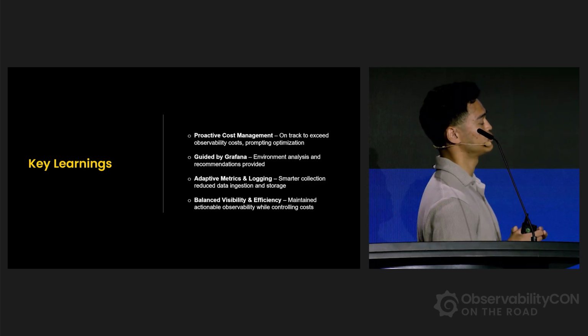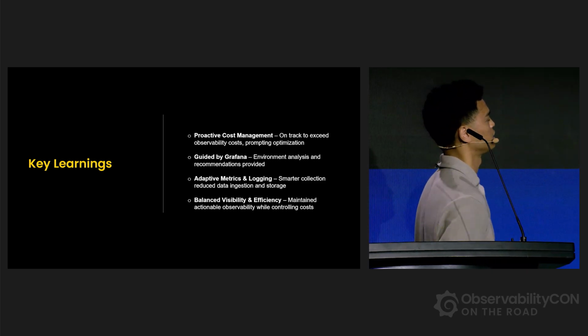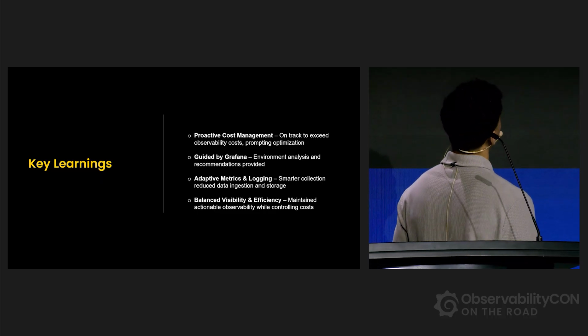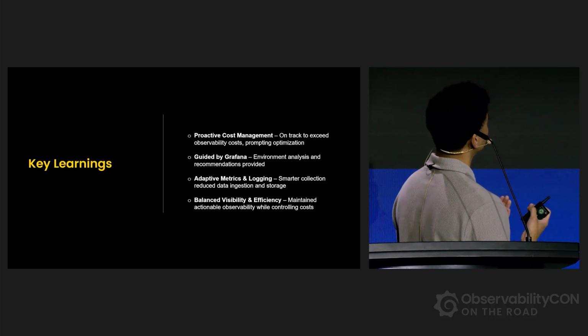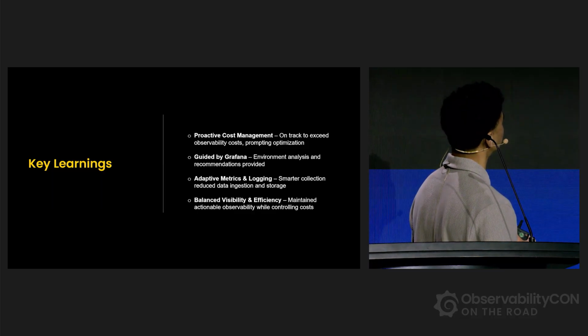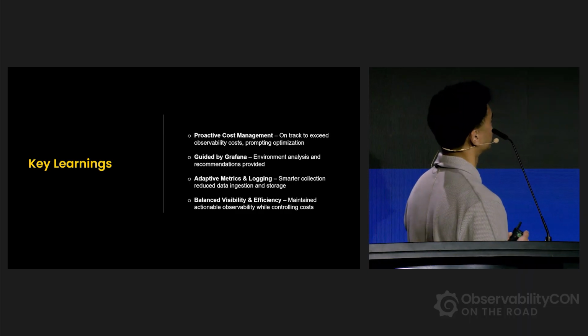We do this heavily in non-production and prioritize production, so we don't have any of those configurations in production. We were guided by Grafana, who came in, analyzed our environment and provided these recommendations.